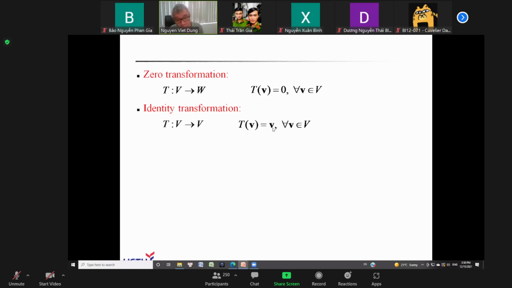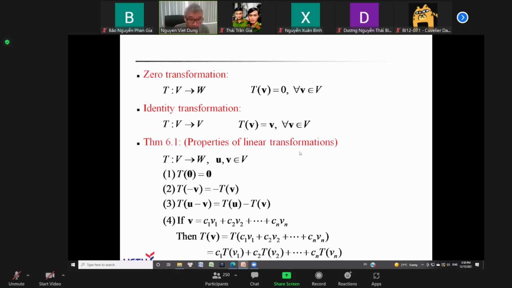Nothing changed, v into v. And it is very easy for you to verify that both mappings here satisfy the two axioms for a linear transformation. So because of that, they are linear transformations, but they are very special.